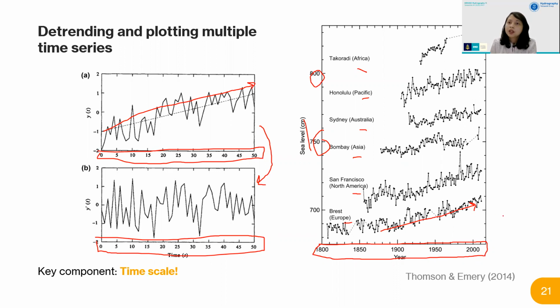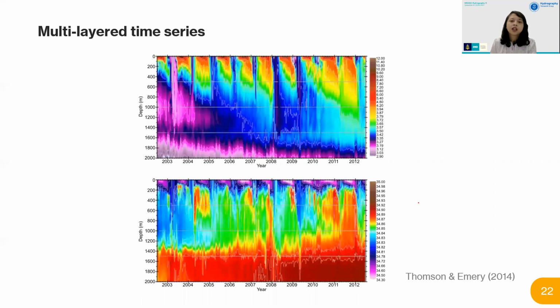Okay, so you need to understand your time scale, and then you can actually produce multi-layered time series. It looks like this. So instead of having a graph of lines, you actually have like a block. Okay, so for example, this is your depth dimension.